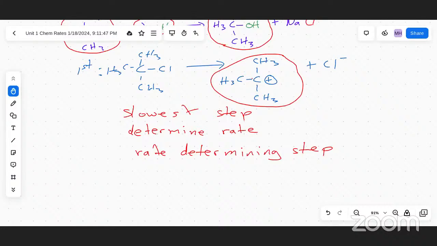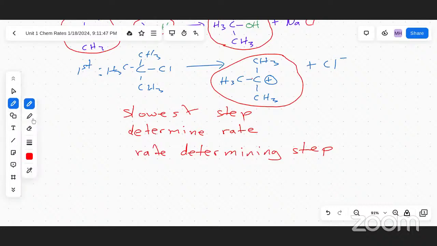You have to do it by experiment, to see how each reactant affects the rate. Because this mechanism has more than one step, this step right here is what is going to go into our rate equation.